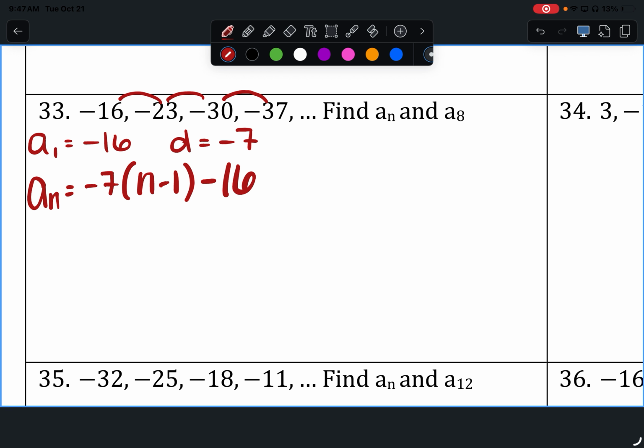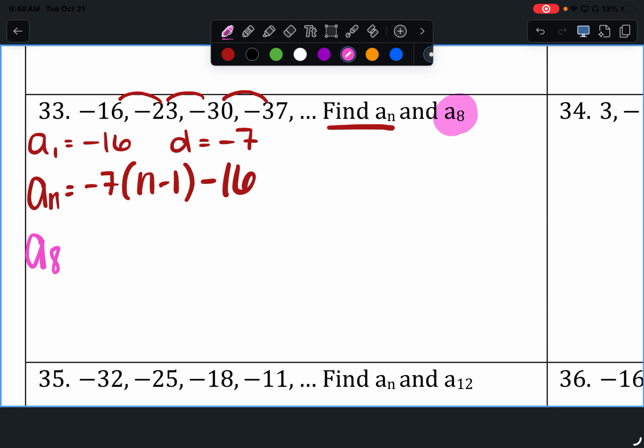Do we have to keep writing that part, or can we just move on? If it asks you to find that and that, you have to do both. What if it's actually for A12? If it just asks you for A12, then that's what you do. Okay, but from here we have to find the 8th term. But this is me telling you it's going to be like this on the test.